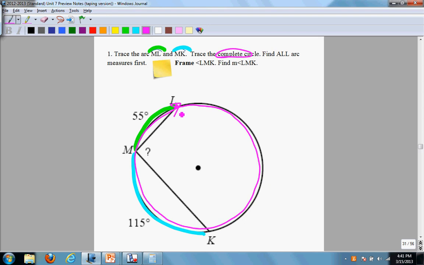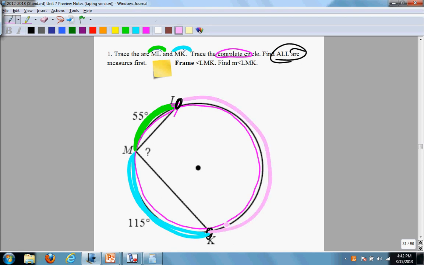We want to find all arc measures. So we're going to do that first. So let's see what we can do here. We already have two pieces here. Here's 55. Here's 115. To find this, not 180, 360. We're just going to add 55 plus 115.